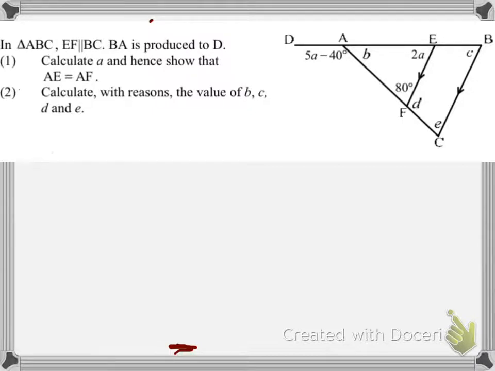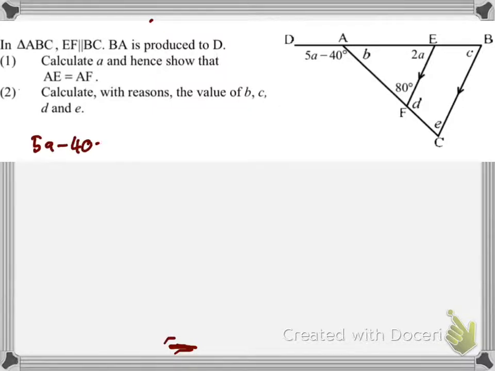They want us to calculate A, so of which they say AE and AF are equal. So this one you can do it in a number of ways. So myself, I'm choosing to use, you can even use 2A is equals to 80 because AF is equals to AE, which becomes angles facing equal sides.